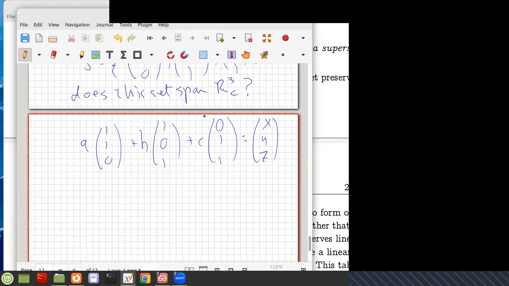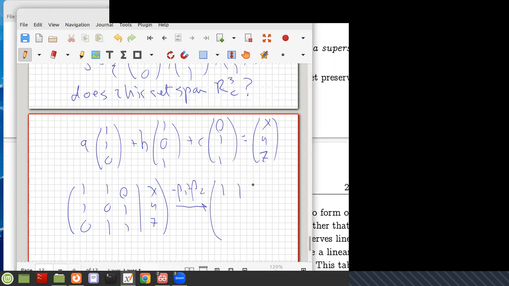So does this set span the space would be the question of solving this linear system. Now, the same operations that brought this matrix to echelon form when these are 0 brings this one to echelon form, which was minus row 1 plus row 2, right?